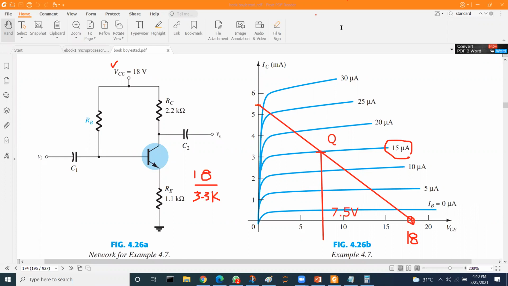And also we need to draw another line which is parallel to the x-axis. And as you can see, it cuts at about 3.2, for example. So 3.2 milliamperes.